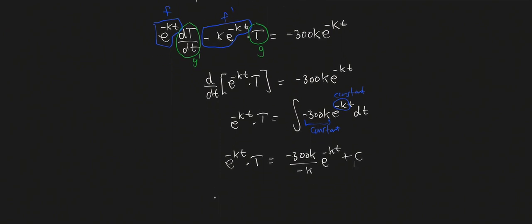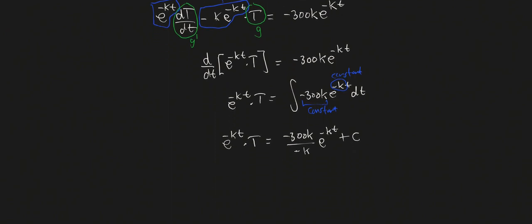So this actually simplifies nicely because the negative sign goes, the factor of k goes, and I'm left with e to the negative kt times T is equal to 300 e to the negative kt plus c. All right, so there we go. And since it's just a matter of dividing through by the exponential, we could go ahead and divide by the exponential function e to the negative kt.